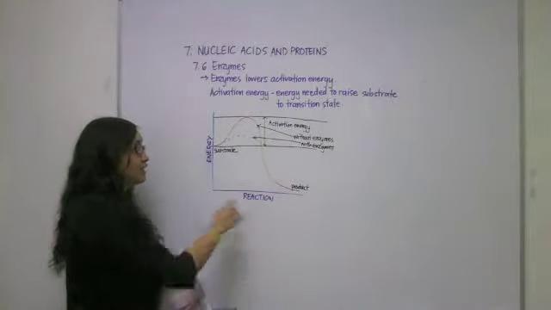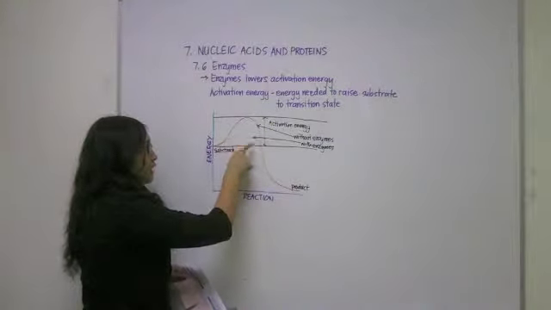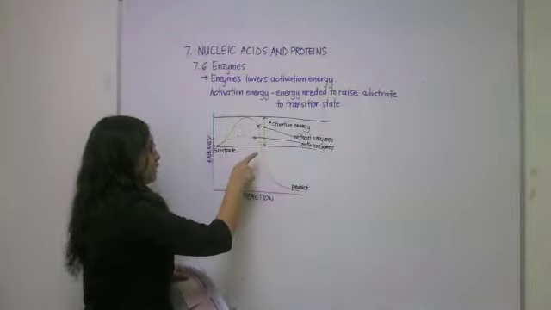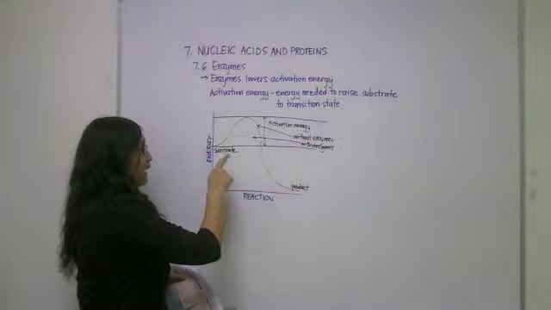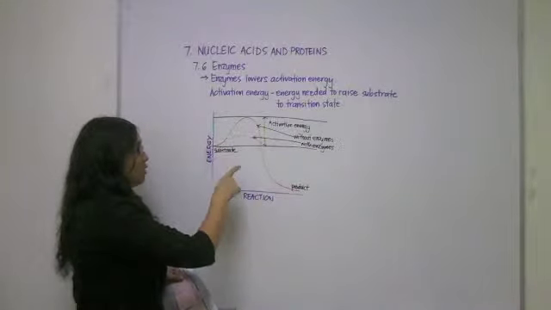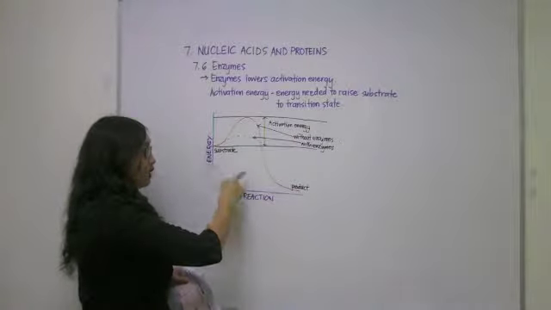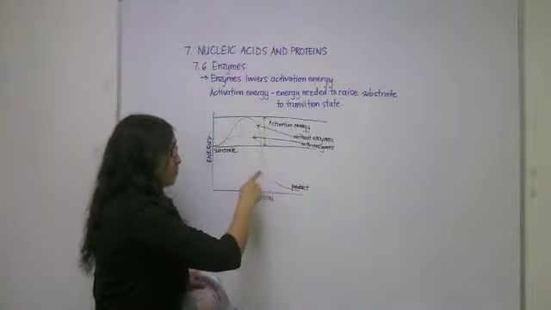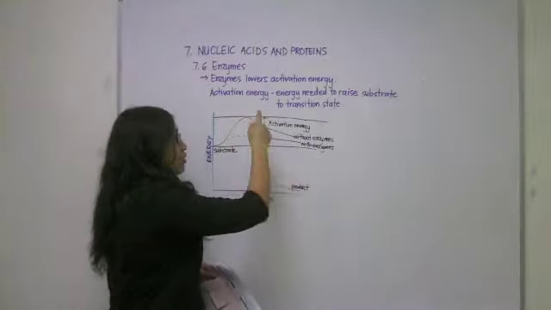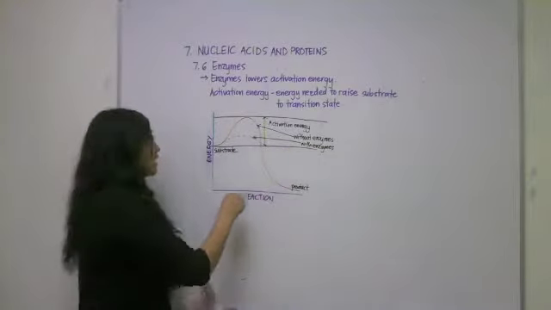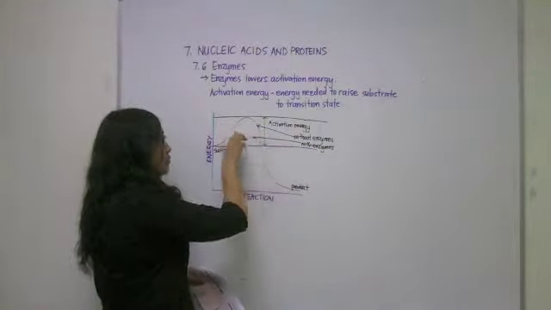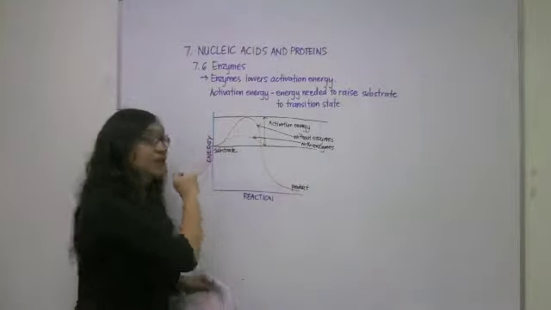Whereas the green mark represents the chemical reaction when a substrate is changed to a product, facilitated with the use of an enzyme. As you can see here, we only use a very minimal amount of activation energy.